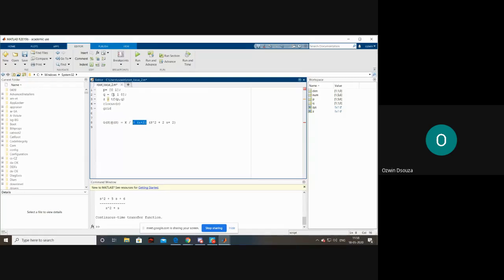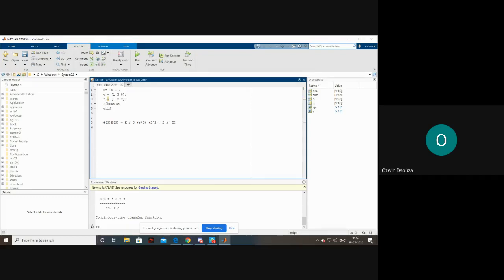Let me take q as a part of the denominator, s square plus 3s plus 0. And the second part of the denominator, let us take the quadratic equation whose coefficients we are supposed to key in: 1 space 2 space 2.